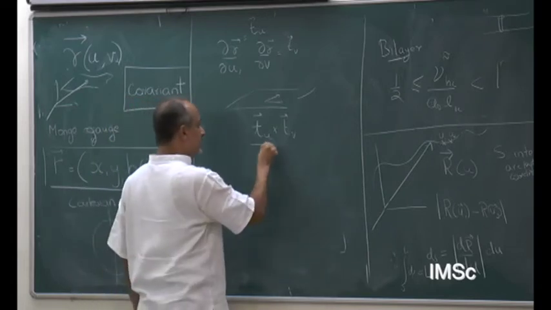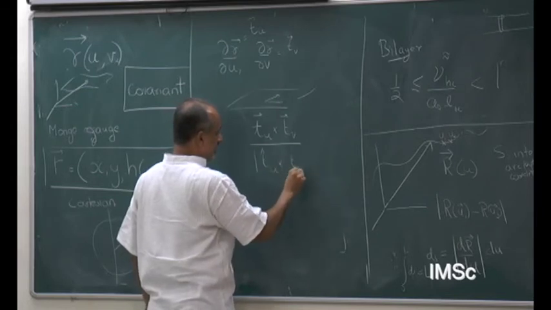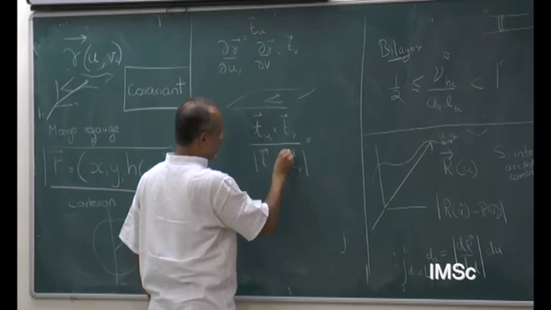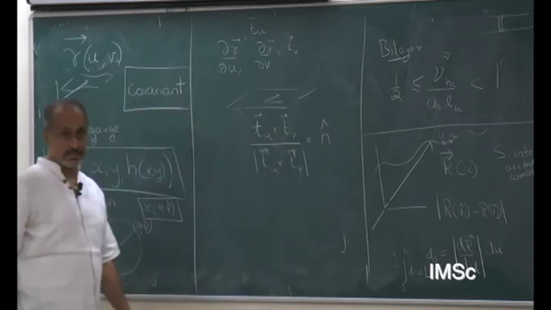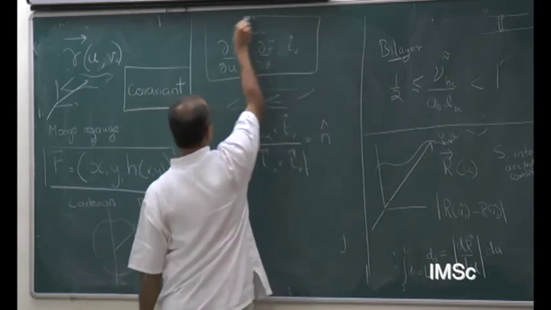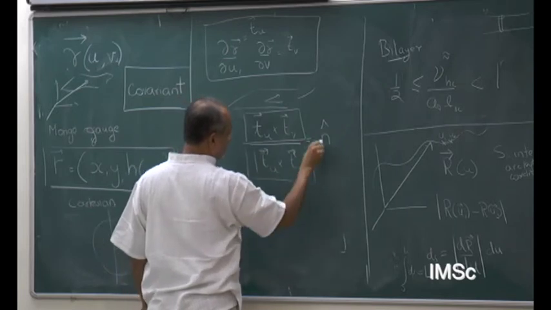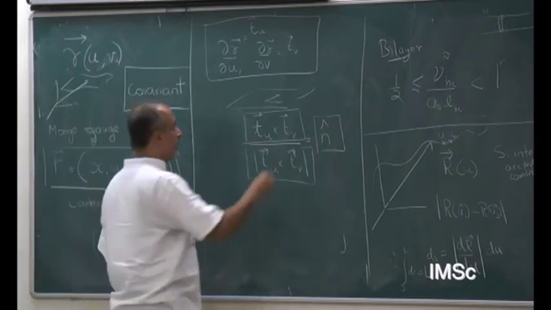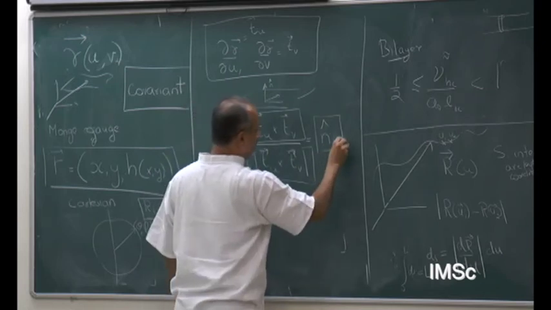Now if I take this vector and divide by the modulus of tu cross tv, then the vector that I will get is a unit normal vector. It's very straightforward. These are just simple definitions. This is the definition of the cross product. This is the normalization that makes the right hand side a normalized quantity. So this is now the normal n hat at some point on the surface given by u, comma v.